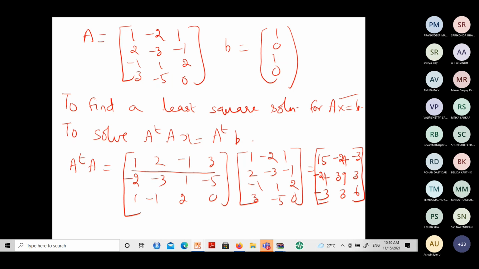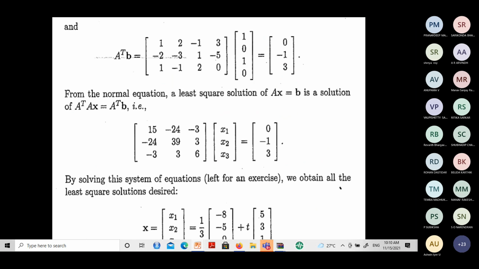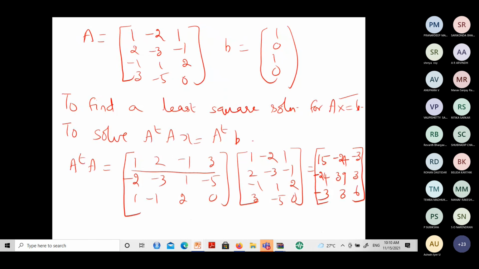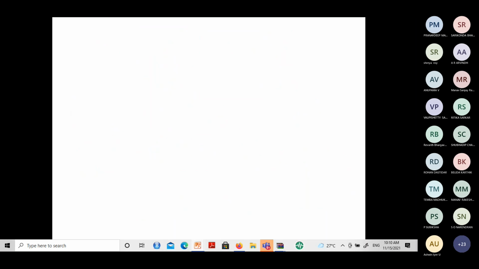All other values: 15, minus 21, minus 3, minus 24, 39, 3. Sorry, all other things are right.